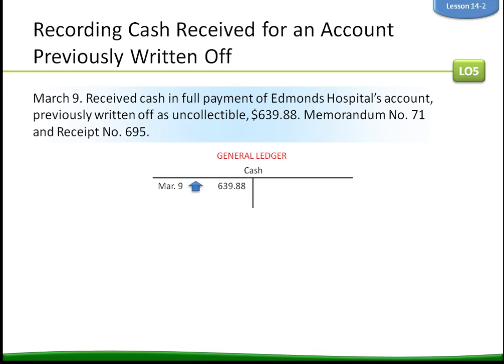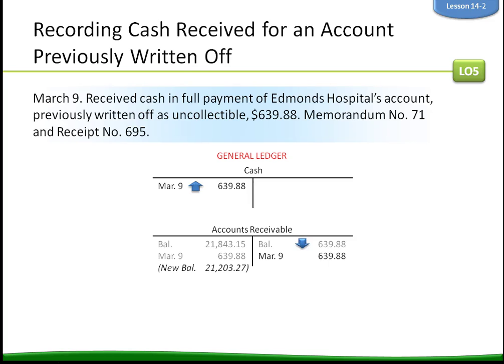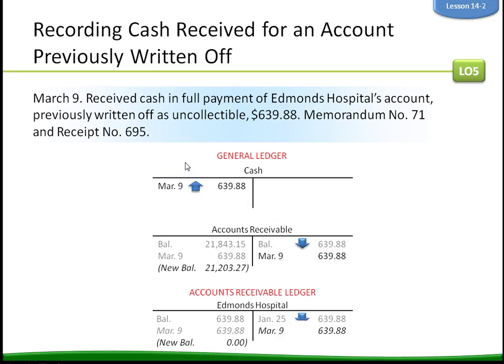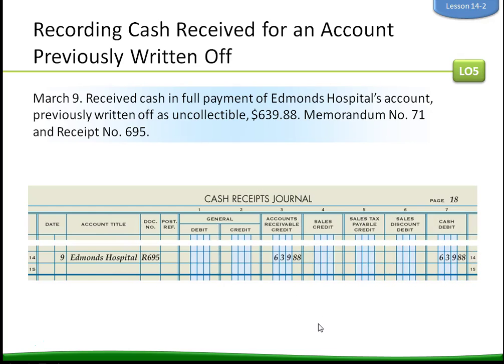So the general ledger cash account is affected. Accounts receivable accounts are affected. Those balance out. And then the accounts receivable ledger is affected. So let's put everything in. Okay, here's our cash receipts journal.